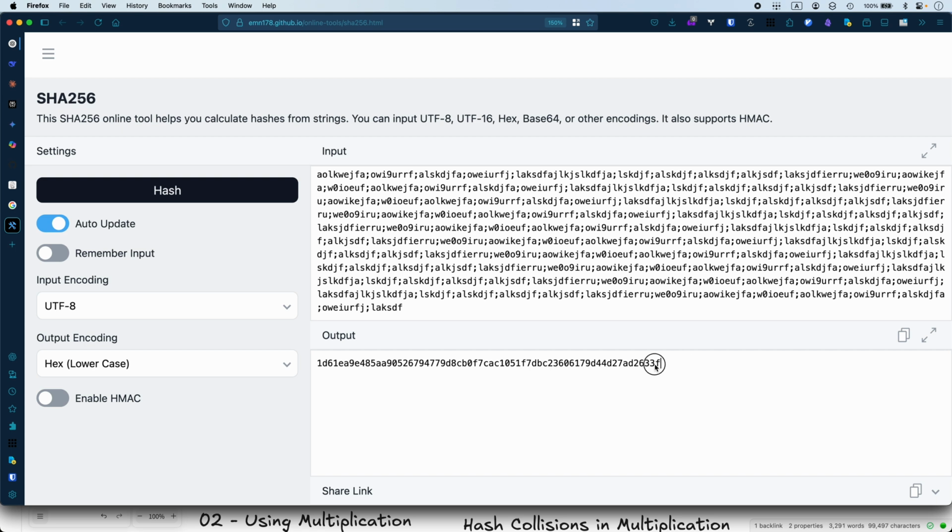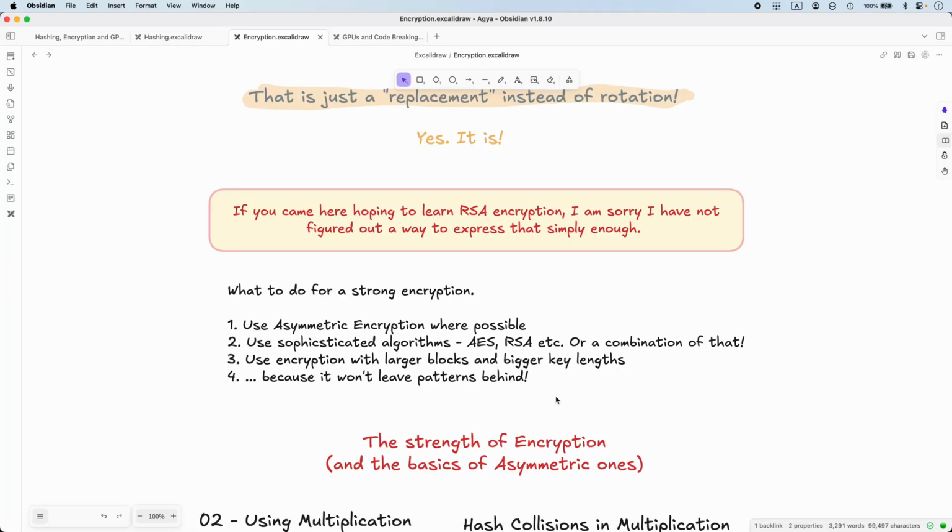If the output is this, getting back to the original is going to be much, much harder. Same thing applies to encryption. If your blocks are larger and your key length is bigger, the encryption is stronger. And using all of this, it won't leave any patterns behind, if you apply these.